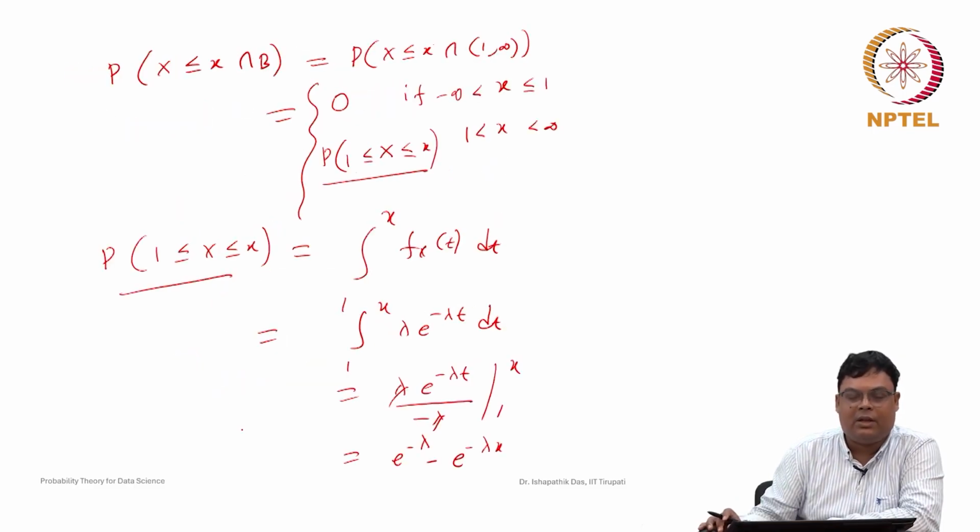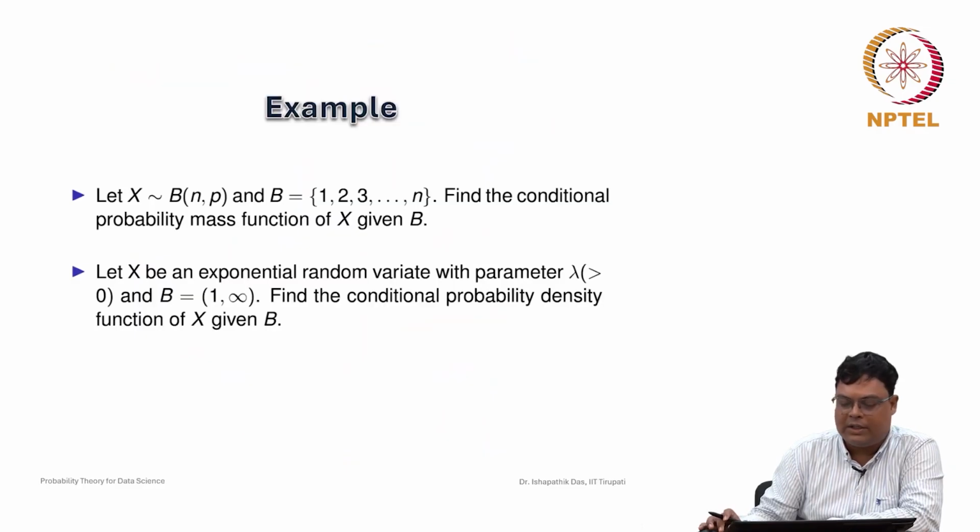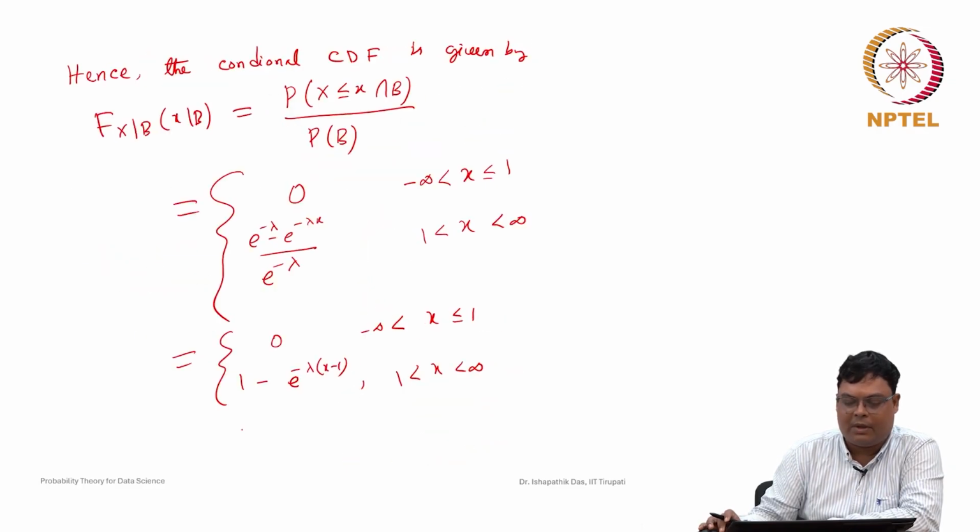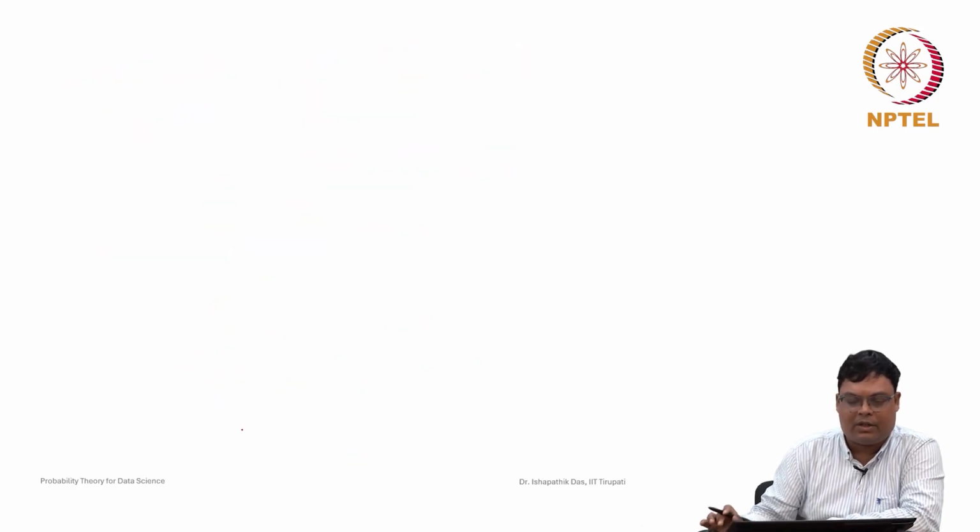Now, the question asks for the conditional probability density function of X given B. So, now what we have to do is differentiate this with respect to x.